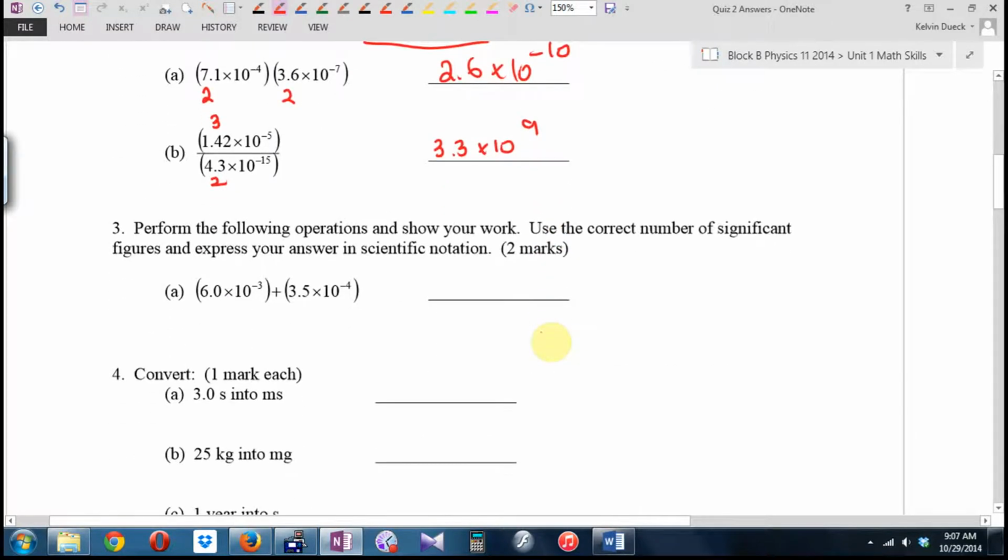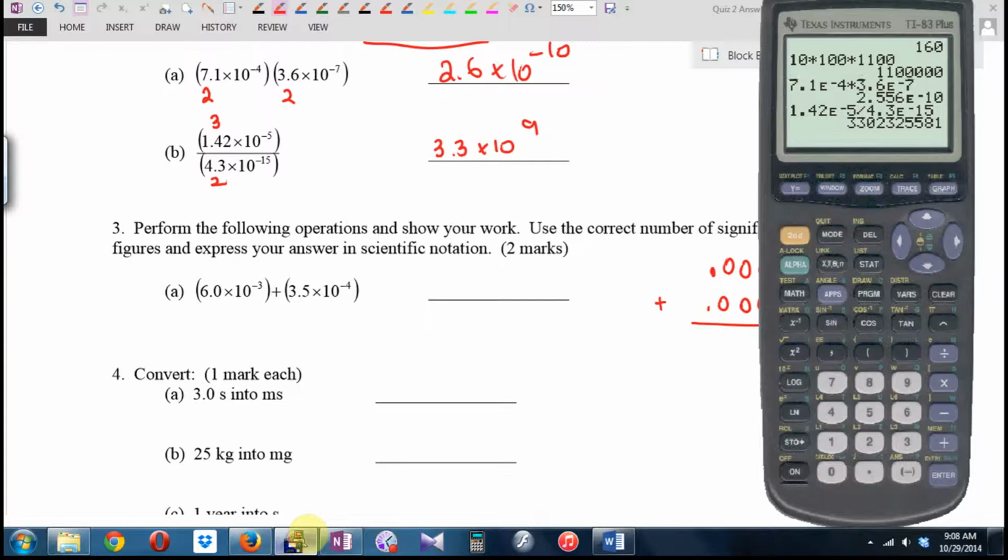Adding and subtracting with sig figs, and scientific notation. Generally, if they give it to me in scientific notation, I rewrite it in standard notation. So 6.0 times 10 to the -3, that's 0.006. Plus 3.5 times 10 to -4 is 0.00035. It looks like when I do this, I'm going to end up rounding off to that. Now I'll type it in. 6 scientific notation, -3 plus 3.5 scientific notation, -4.